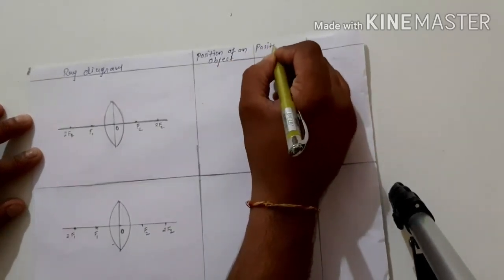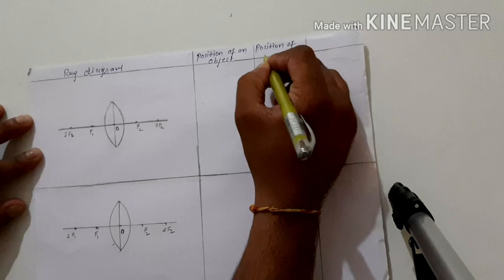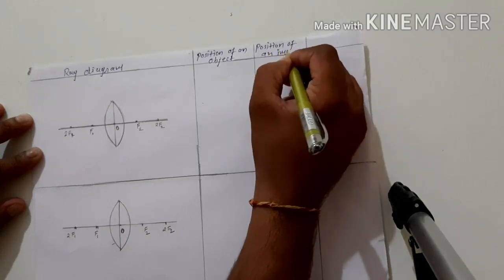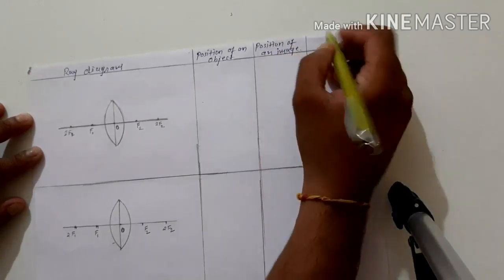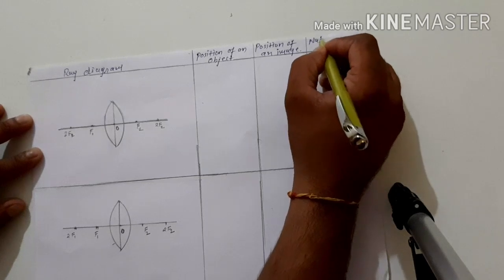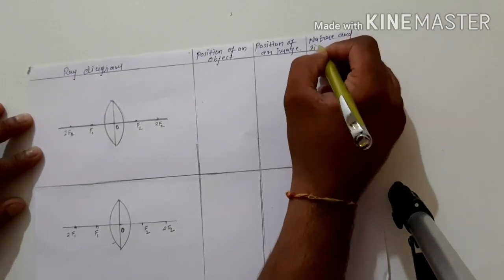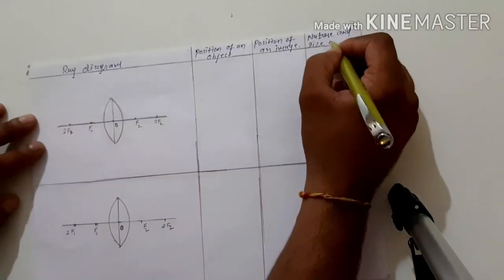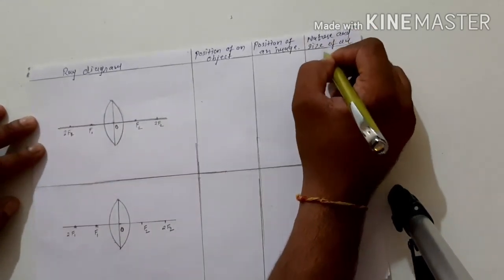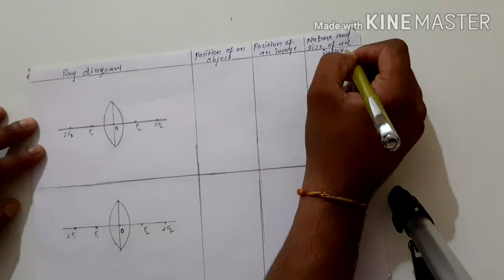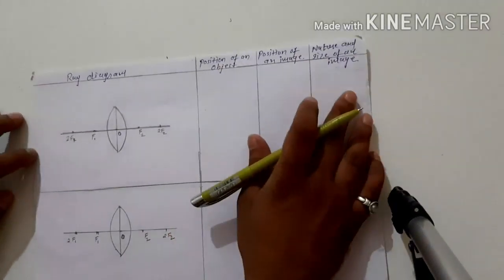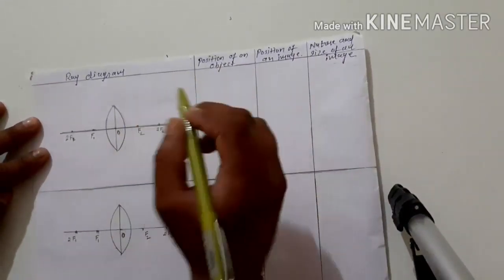Third, the position of the image. And here we will have the nature and size of the image. Okay, so let us see how it is formed.